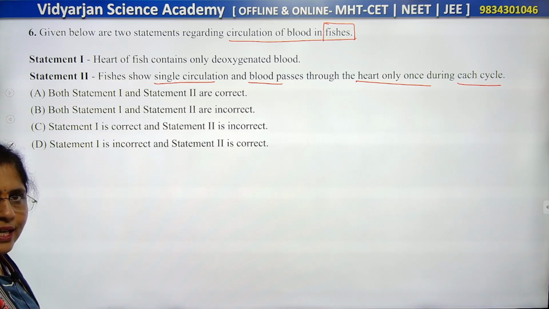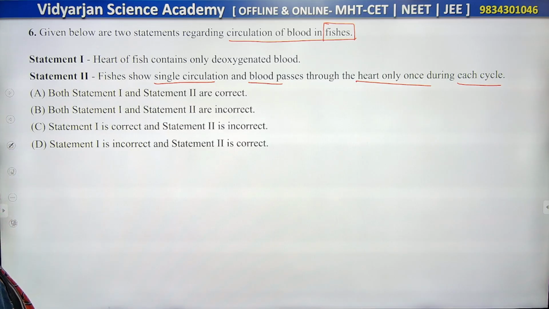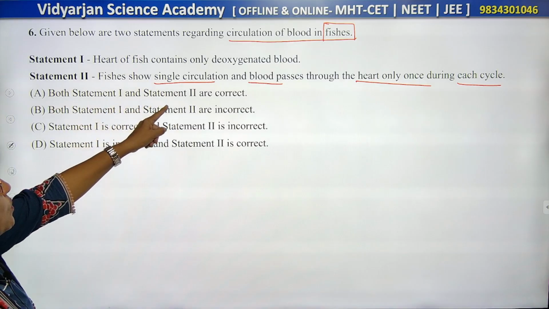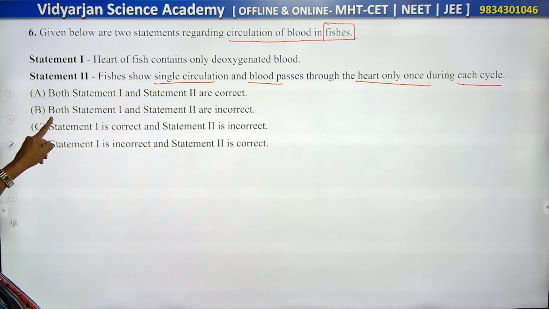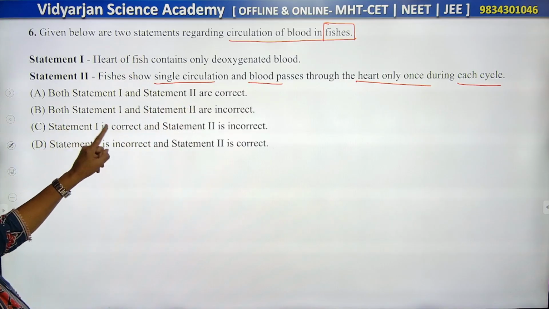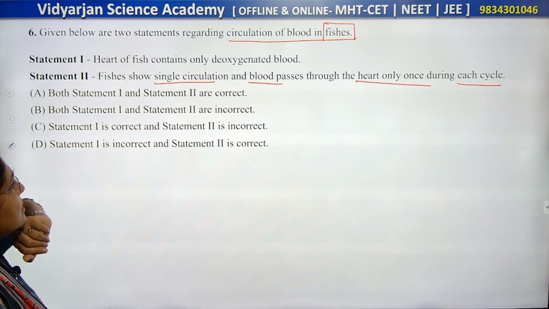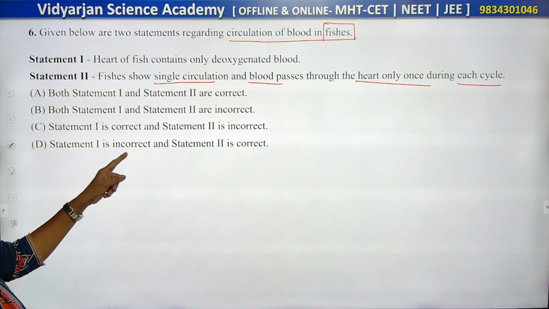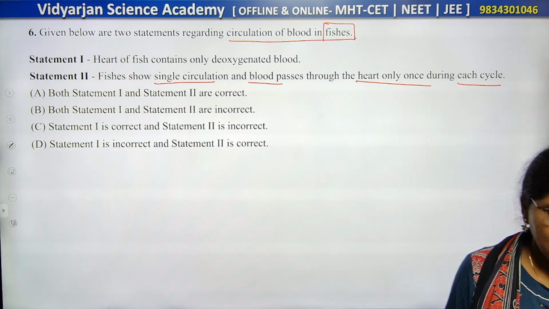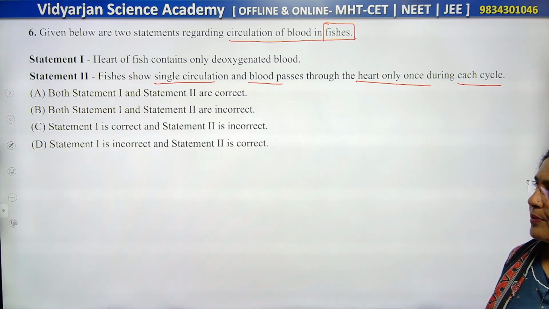Any guess which will be the correct answer? Option A: both statement 1 and 2 are correct. Both statement 1 and 2 are incorrect. Statement 1 is correct and statement 2 is incorrect. Statement 1 is incorrect and statement 2 is correct. Think on this answer very carefully.